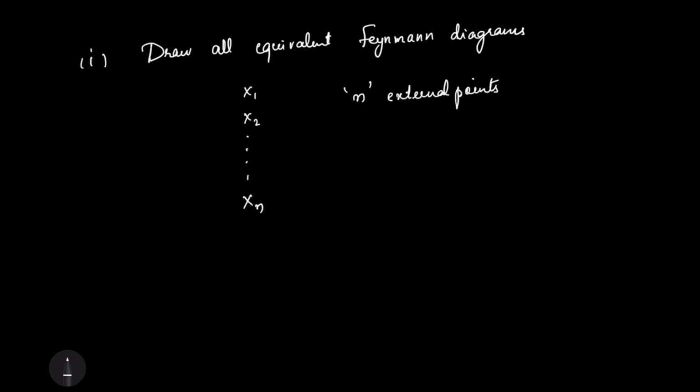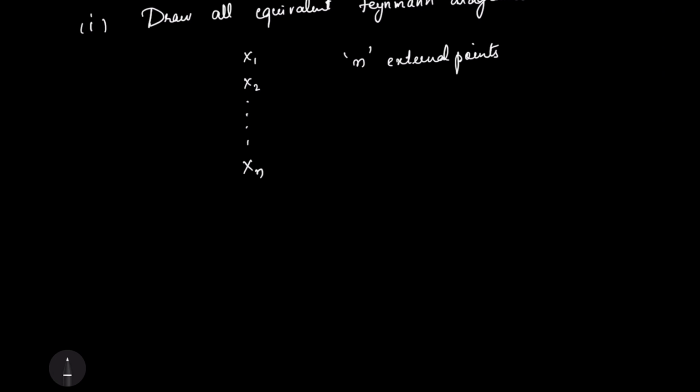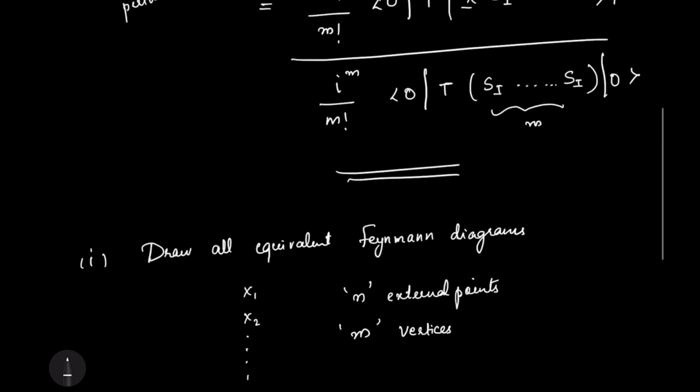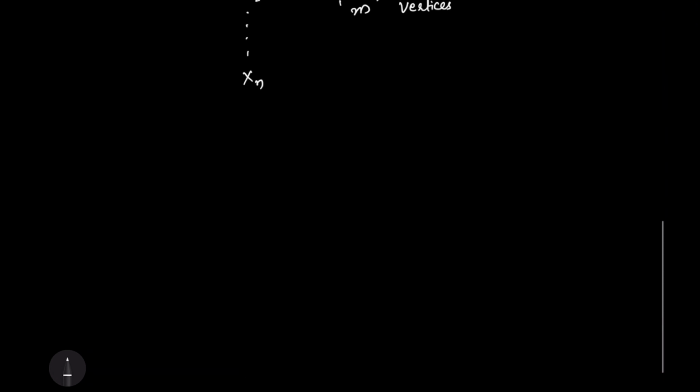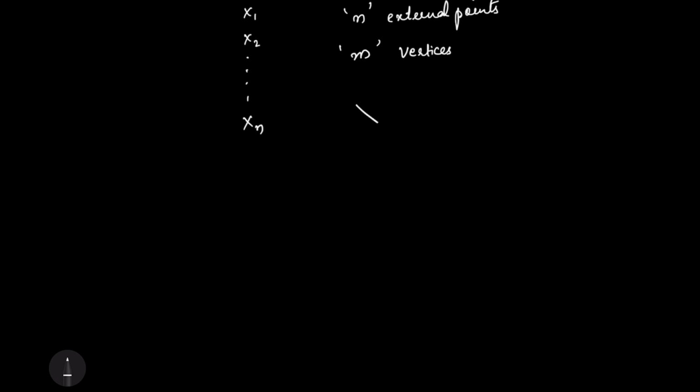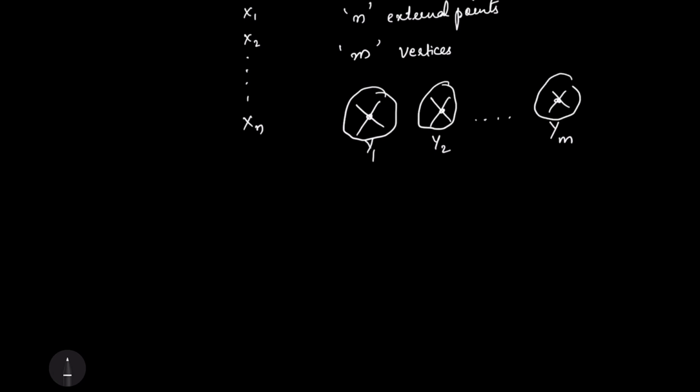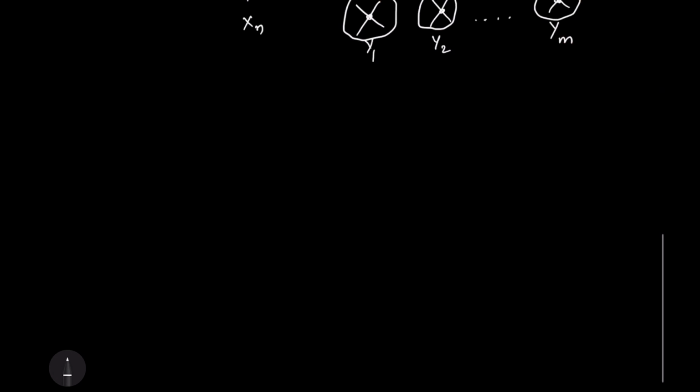And since this is an mth order perturbation theory, we have m vertices, because we are considering mth order perturbation. These m vertices can be represented by y1, y2, etc. up to ym. And there will be 4 legs in each vertex because we are considering the interacting theory.